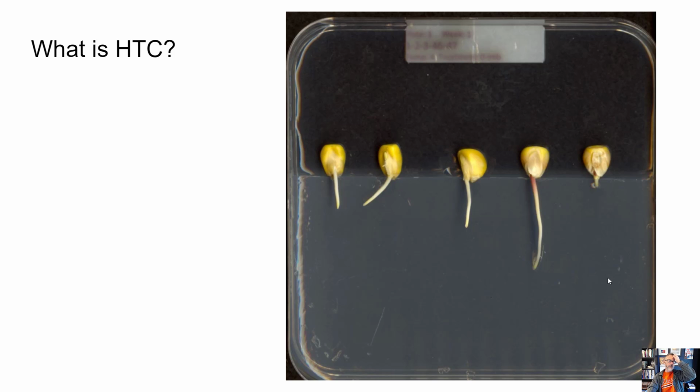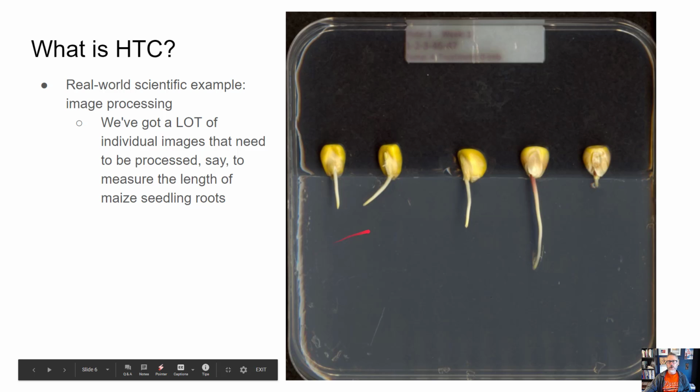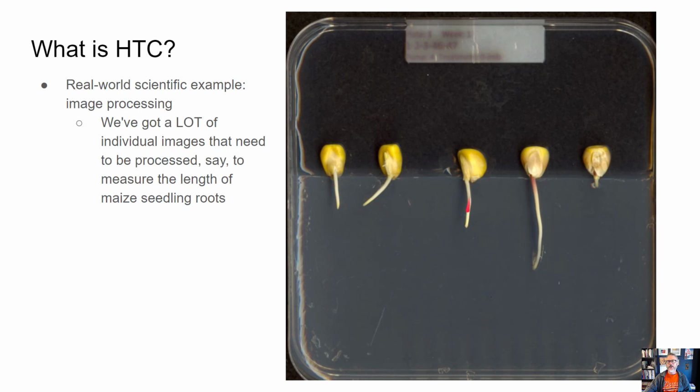So here's an example. This is a real example from here at Doane. Suppose we have all of these individual images of maize seedlings, and what we're trying to do is to measure with a computer the size of the roots. Okay, so let's suppose there are thousands, maybe hundreds of thousands, of those images that need to be processed.